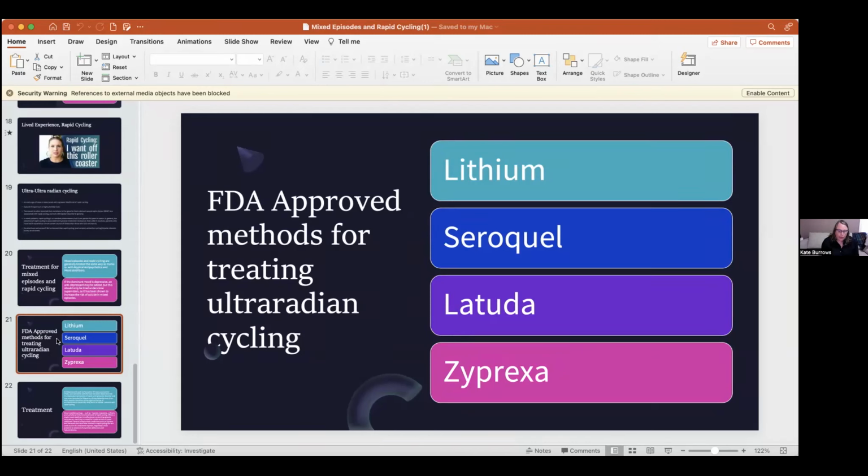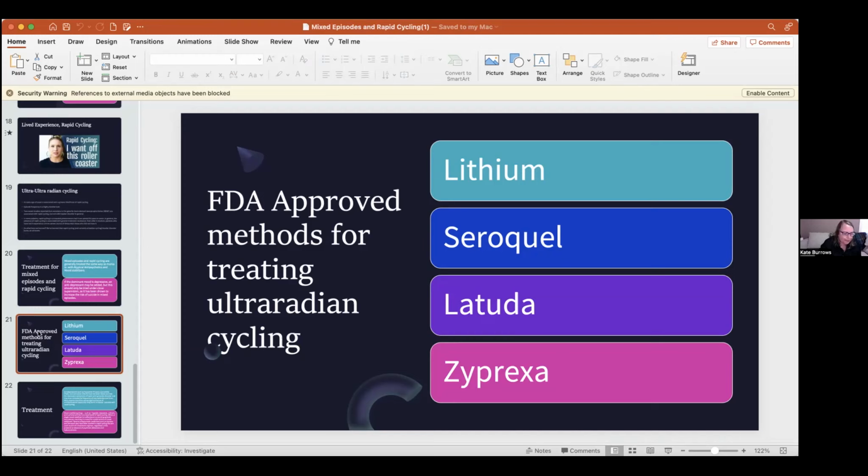For example, Latuda especially is often used as a mood stabilizer as well as an antipsychotic. So you're going to see different ways that your doctor uses this. If you have questions about your medications, always ask your psychiatrist or medication prescriber why they've chosen to put you on certain medications, what they do, what their side effects are, and how they interact with your other drugs that you're taking.